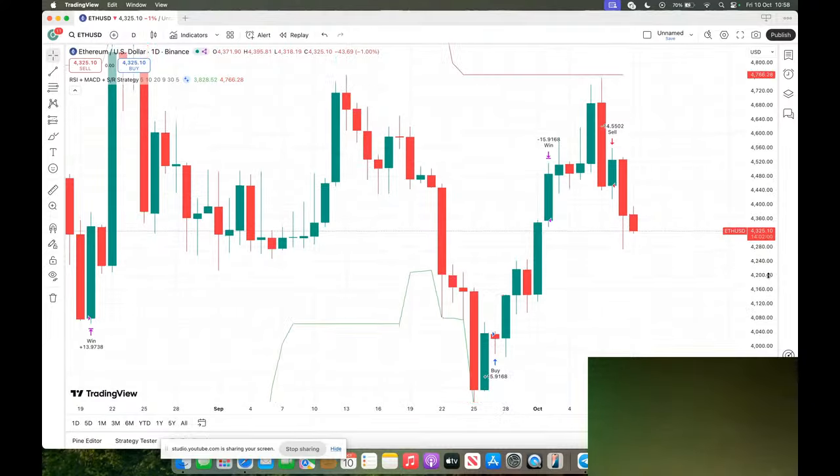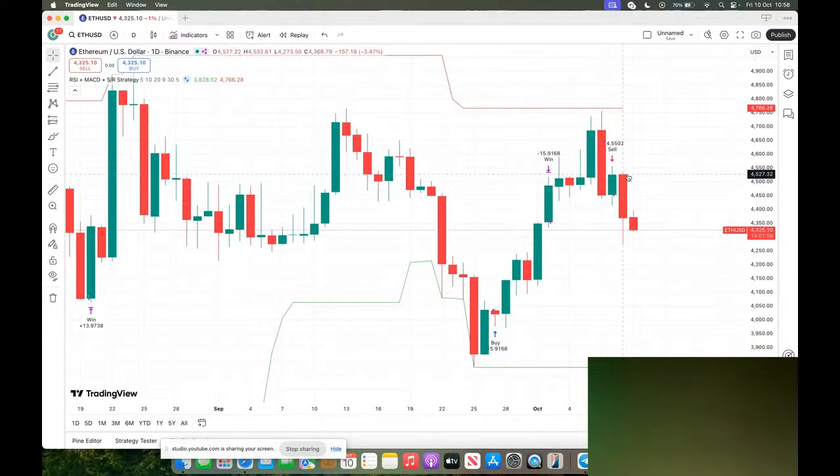Imagine something that tells you to sell Ethereum. See, it has already shown an Ethereum sell at 4,500 and it is currently at 4,003 something. So imagine, this was a buy, and this was the 1 day time frame. Don't forget, this was the 1 day time frame. So on 27th of September, this indicator showed us that Ethereum would be going up.